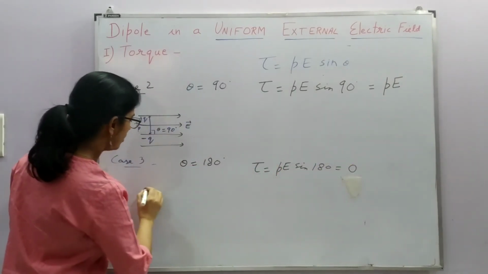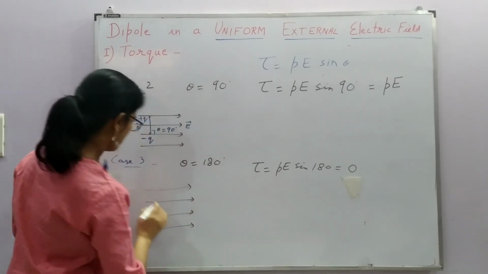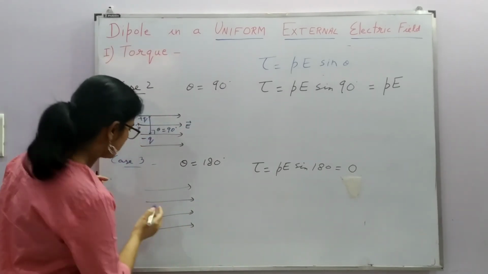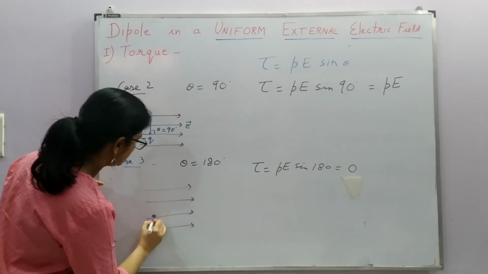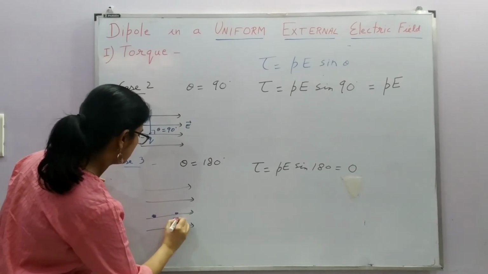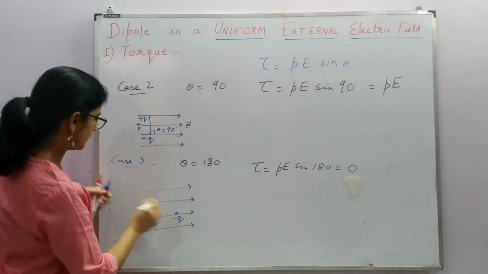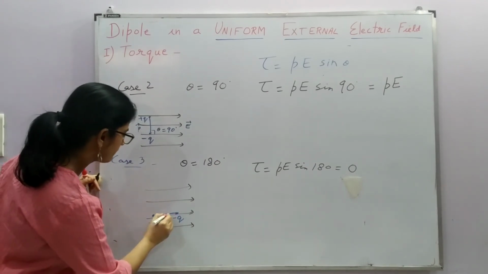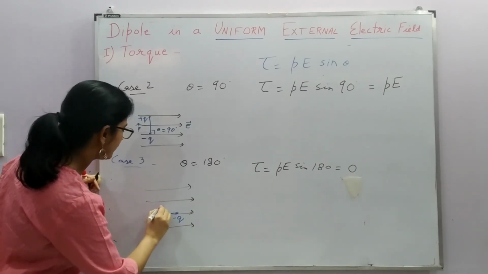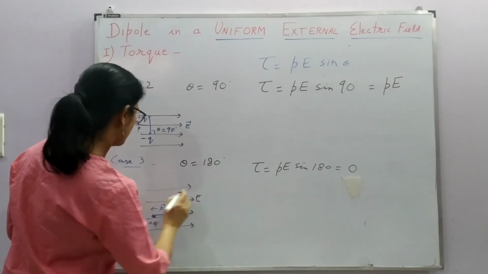So in this case also the torque will be 0, and this is minus Q, and this is plus Q. So that means the P vector is along this direction and E vector is along this direction.